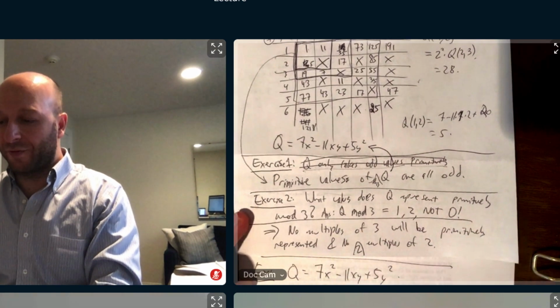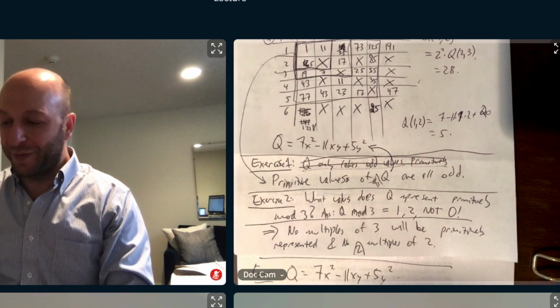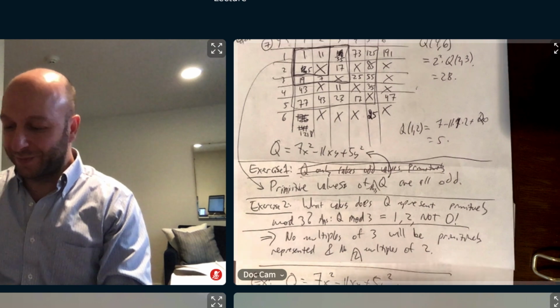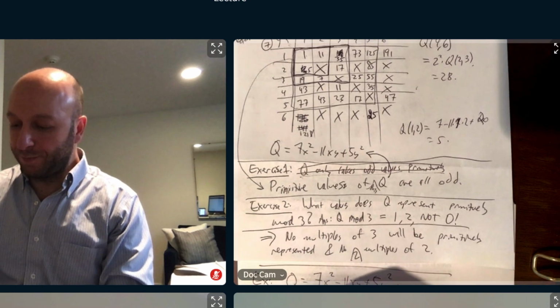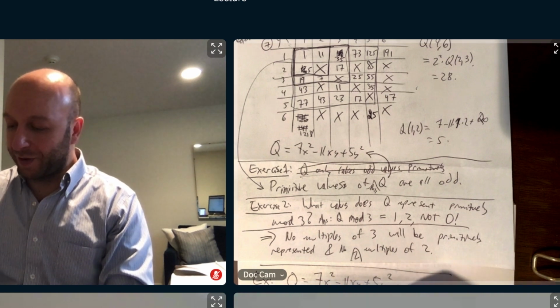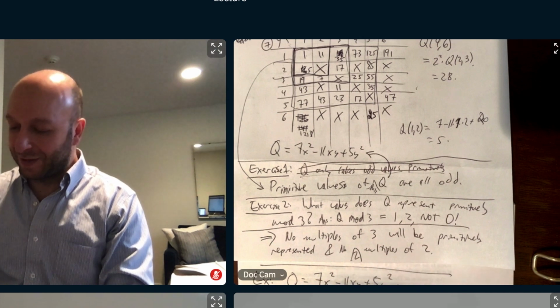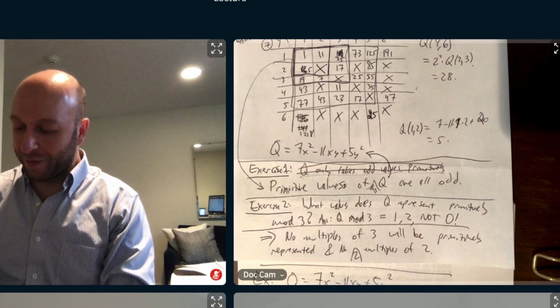I want to recover all of these values, but from a different perspective. So we had this table. I guess I'll just reproduce the table. 1, 2, 3, 4, 5, 6. 1, 2, 3, 4, 5, 6.